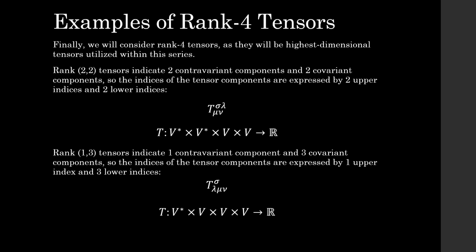This is another rank 4 map here, but in this case we have 1 upper index, so we have a map of this tensor yielding 1 dual space with the product of 3 vector spaces mapped to the reals. And when I say the R's, I mean the real numbers. So rank 4 tensors are 4-dimensional arrays. So hopefully we can see at this point that tensors are just generalizations of the elements of vector spaces themselves.